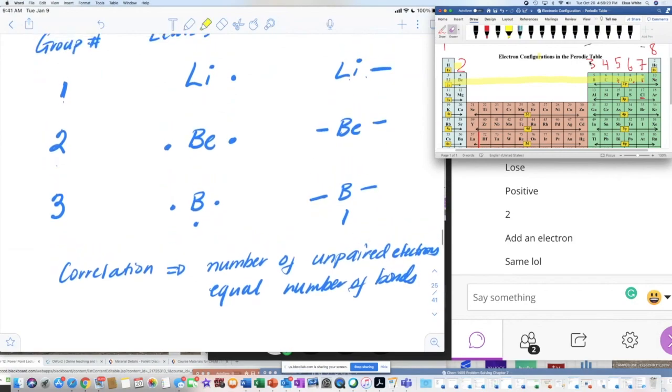You can see here, these are the unpaired electrons. These are the unpaired electrons. These are the unpaired electrons. So the number of unpaired electrons equals the number of bonds.